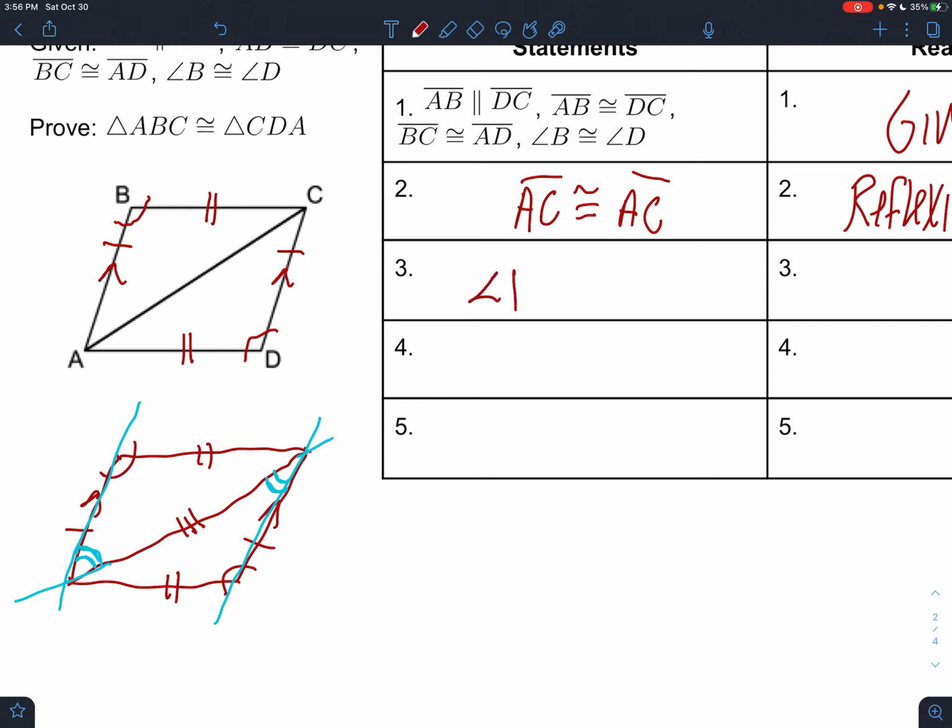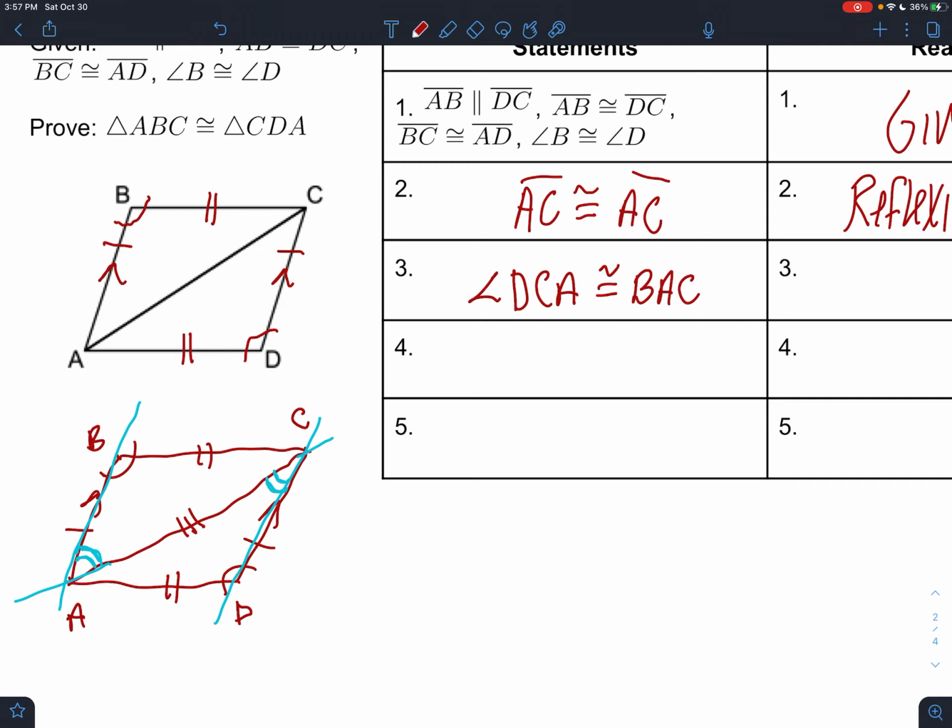How about angle DCA is congruent to angle BAC? Okay, and this is really tedious.